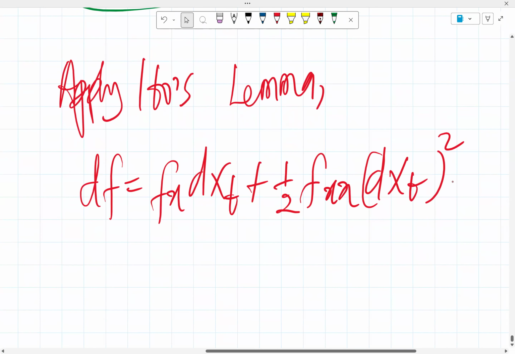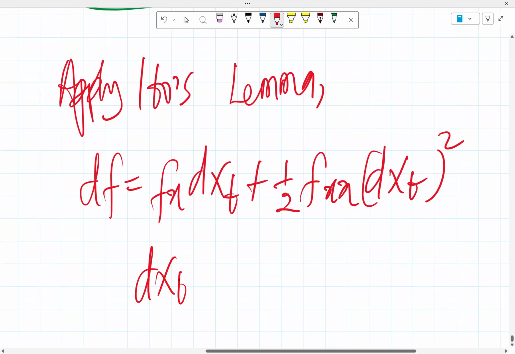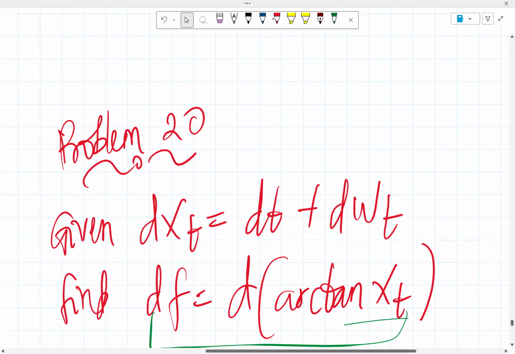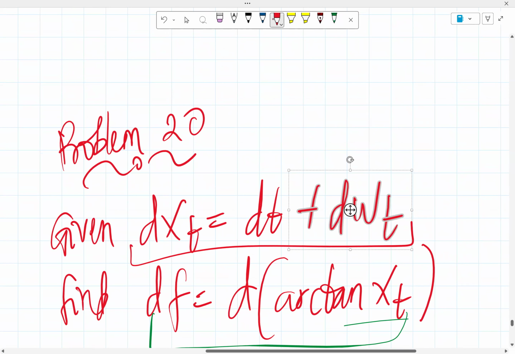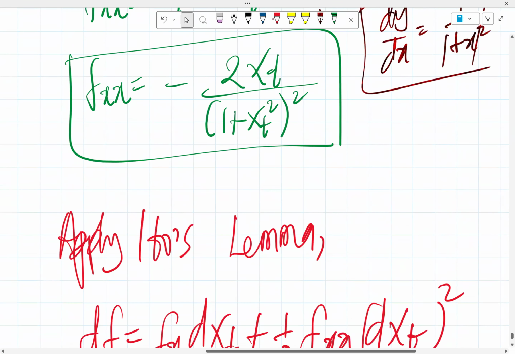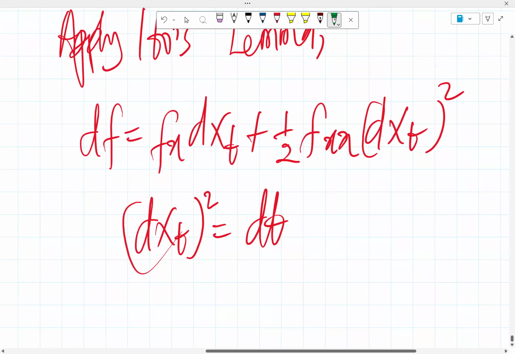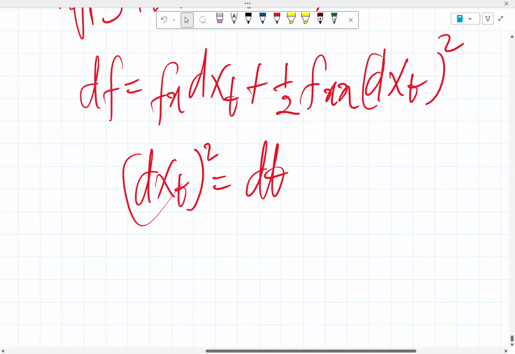Okay. And then we know that dx t squared here is equal to dt, based on the original expression. So with that in place, then we can substitute.